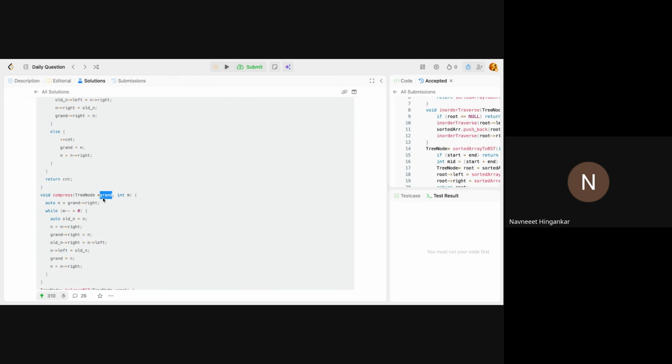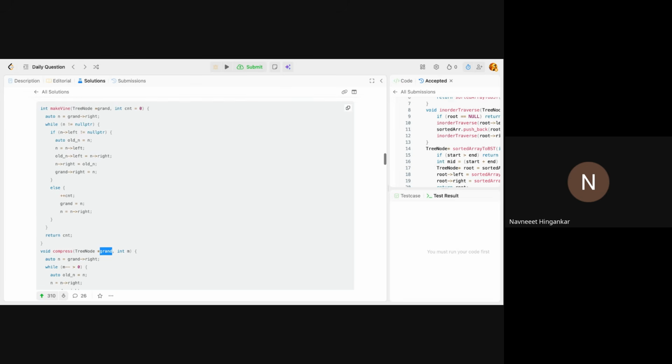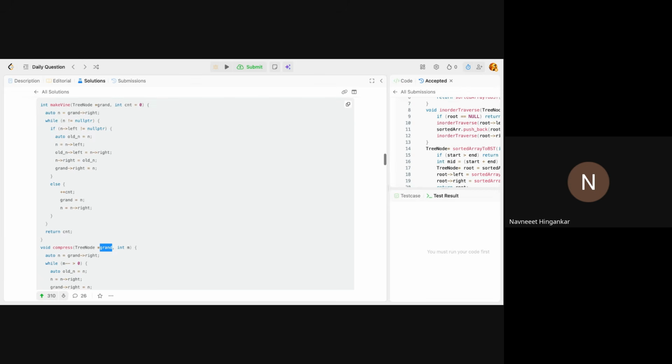So once we got that, we start from grand equal to n.